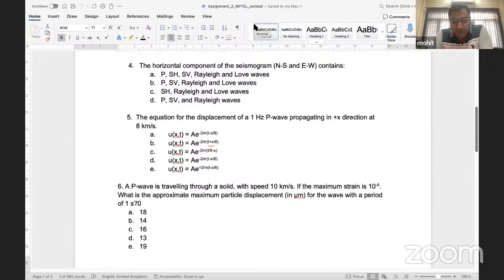Omega is 2 pi, and v is given, that is 8. So the k vector will be pi by 4. So the answer will be u x, t equal to a e to the power minus 2 iota pi in bracket t minus x by 8. So option A is correct.